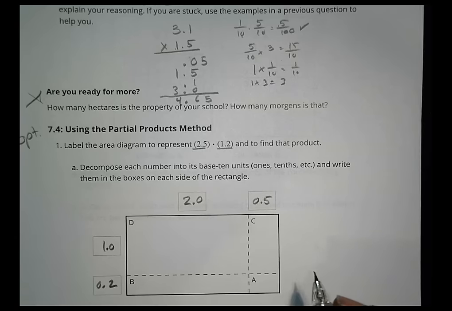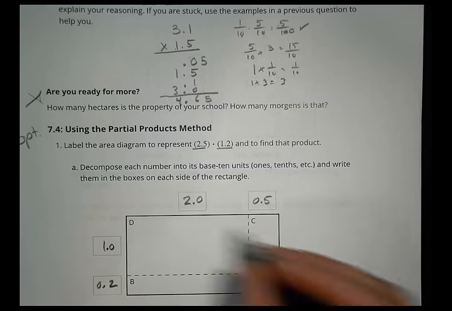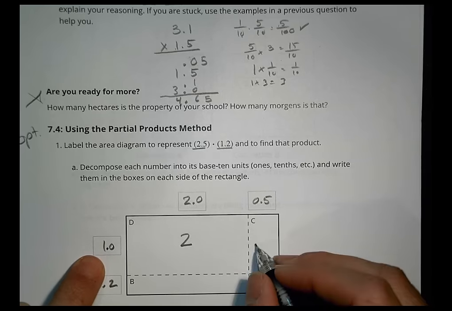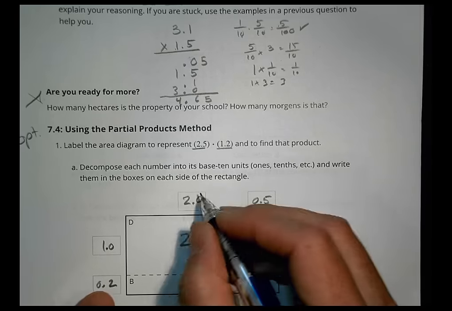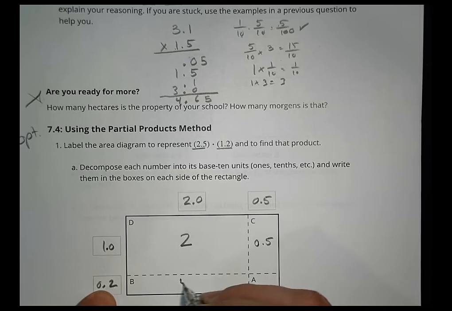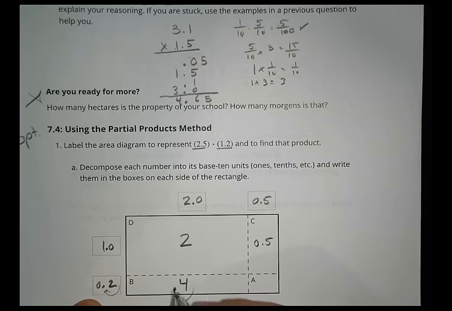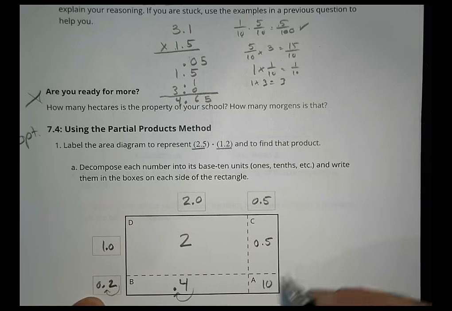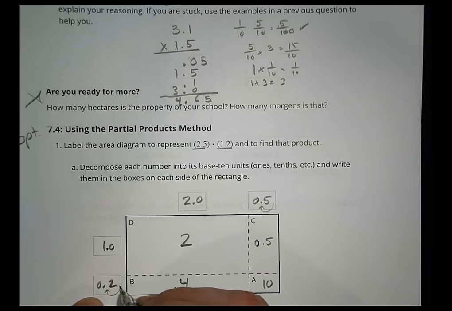Now we're going to label the areas with the A, B, C, D with their areas. So 2 times 1 is 2. 1 times 0.5 is still 0.5. 2 times 2 is 4, but I have to move 1 decimal to the left, so this becomes a 0.4. And 5 times 2 is 10, but I'm moving 1 to the left, 2 to the left, so I'm going to go 1, 2, and end up with 0.10.